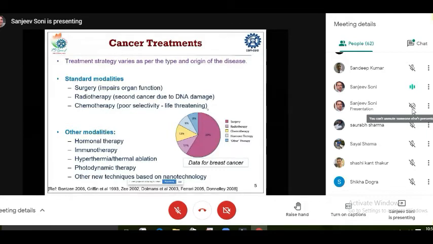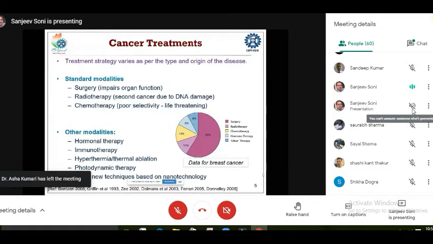And even as of date, despite so many technological advances, you can see here that, for example, in the case of breast cancer itself, 60% of the breast cancers are treated by surgery, which has severe side effects, then around 11% using radiotherapy and 13% using chemotherapy.